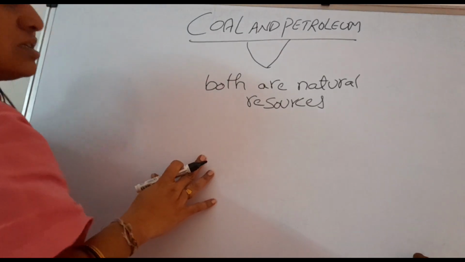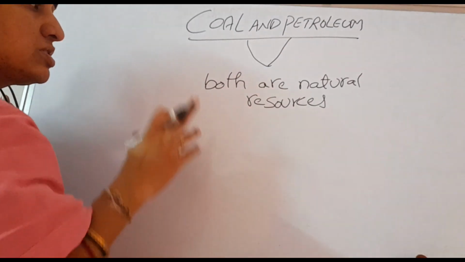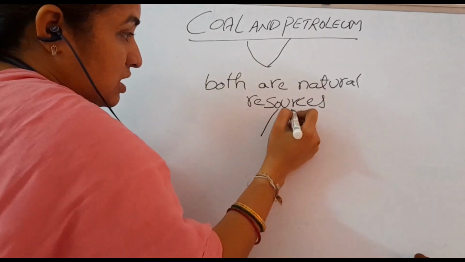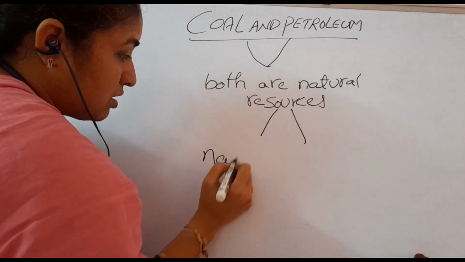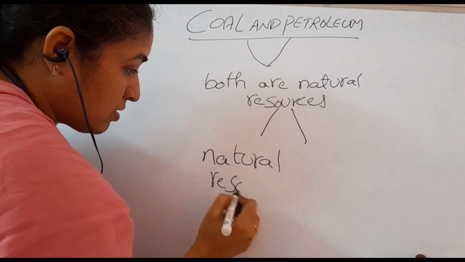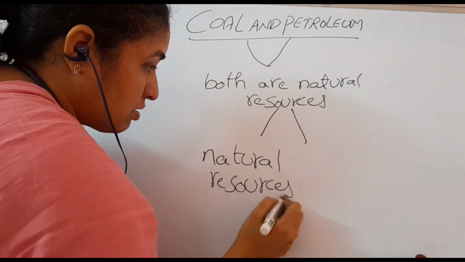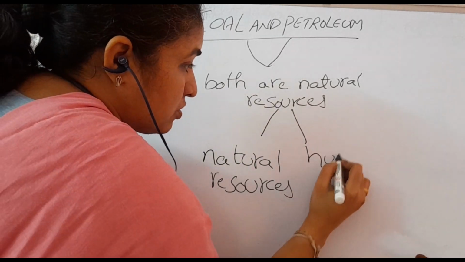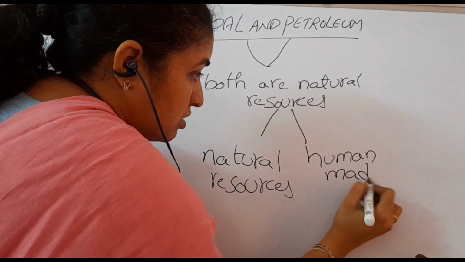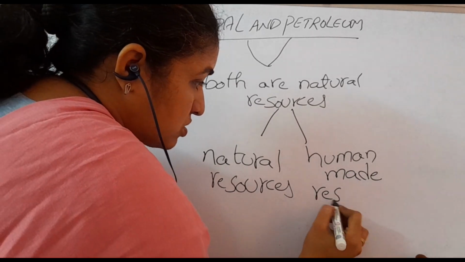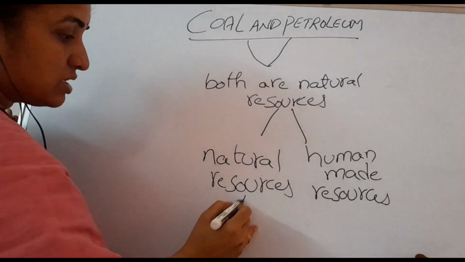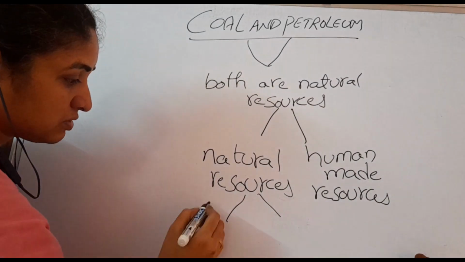Natural resources and human made resources are two types. Then natural resources are two types.